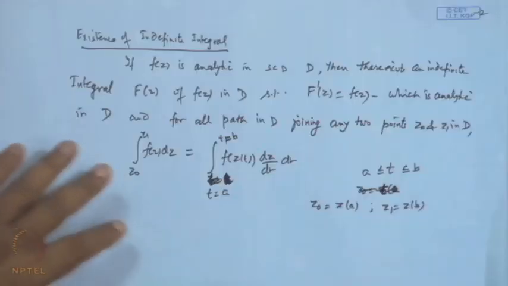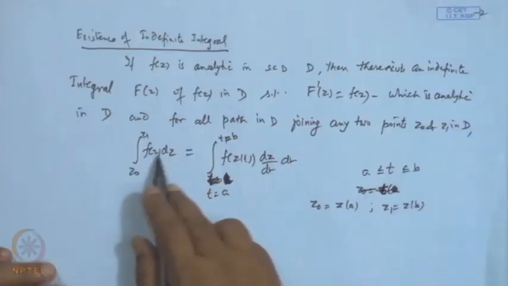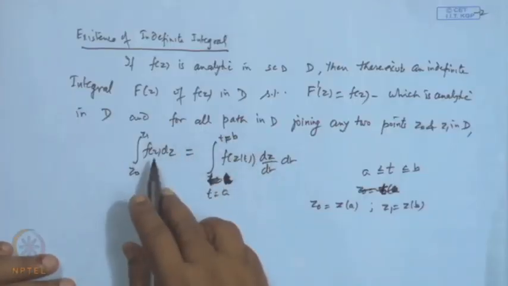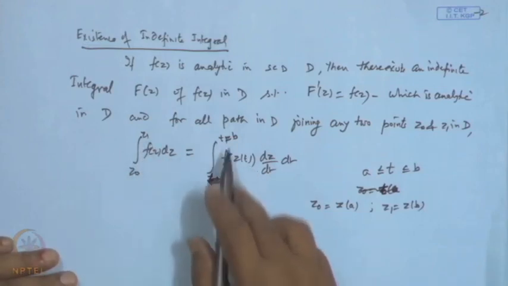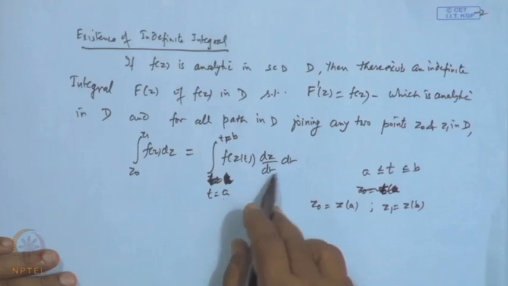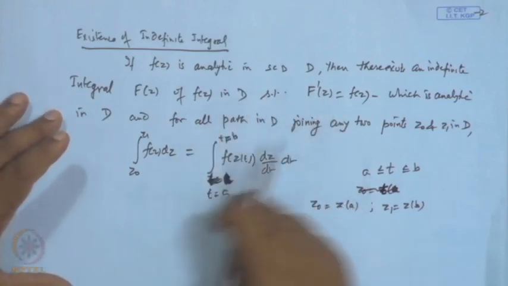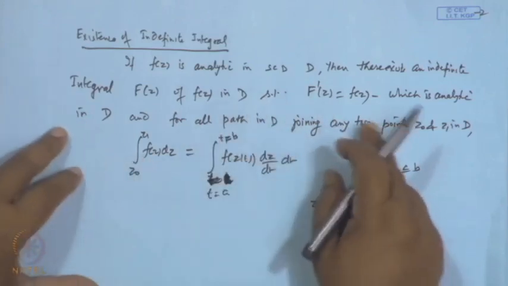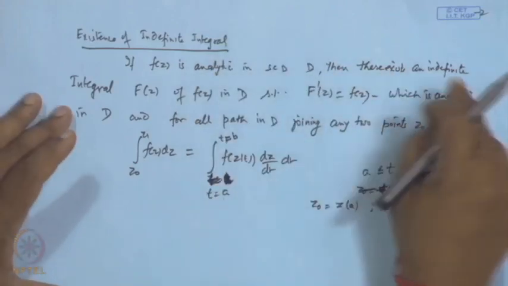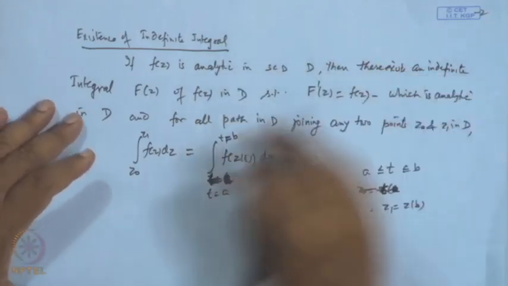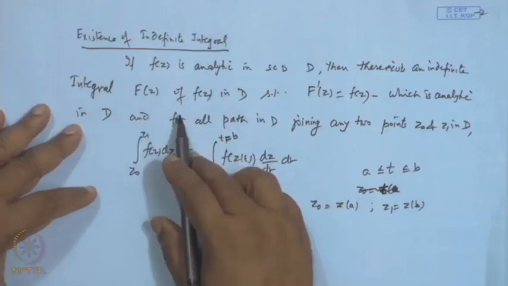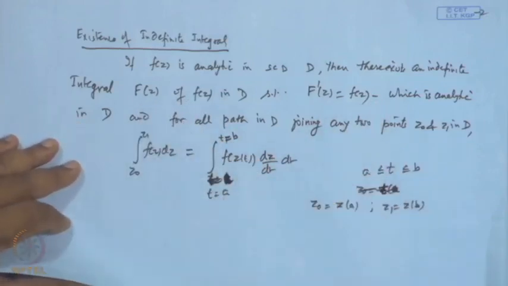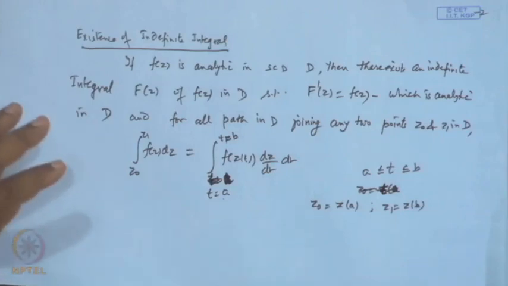So we can get the value of this line integral in terms of the definite integral from a to b of f(z(t)) dt. We have already used this part, but the existence is guaranteed because of this result. If the function is analytic, then definitely the derivative of this integral will exist and equal f, the antiderivative. Proofs we are not giving.